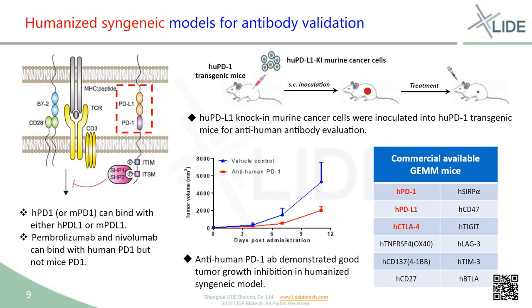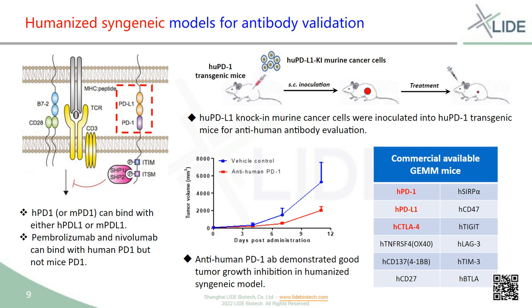However, a lot of human antibodies only recognize human antigens, but not mouse, such as the PD-1 antibody, Keytruda. So scientists engineered and replaced the mouse antigen, such as the extracellular domain of mouse PD-1, with human PD-1, and constructed the cancer cell line with human PDL1 antigen for some in vivo IO drug tests.